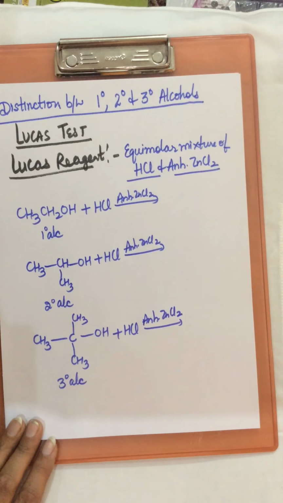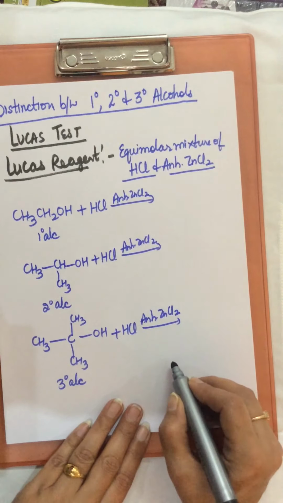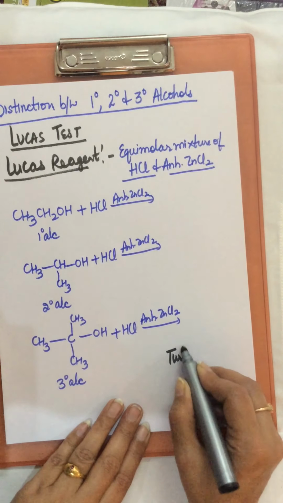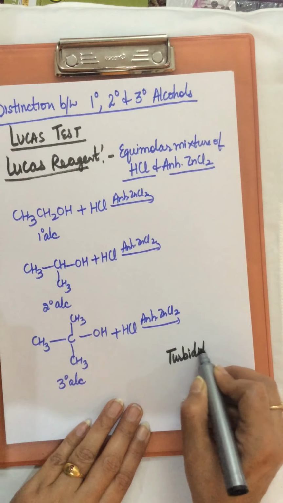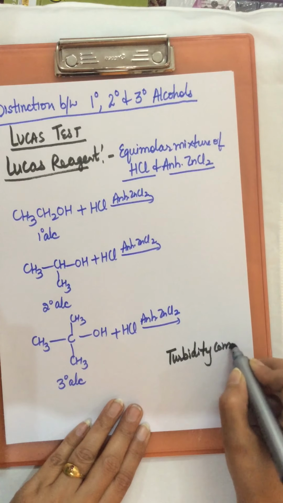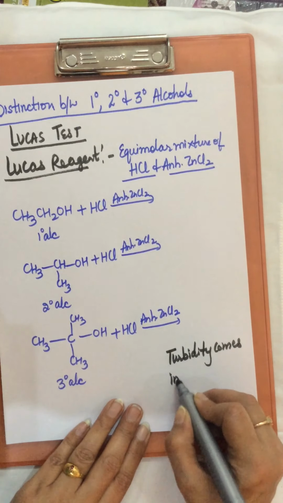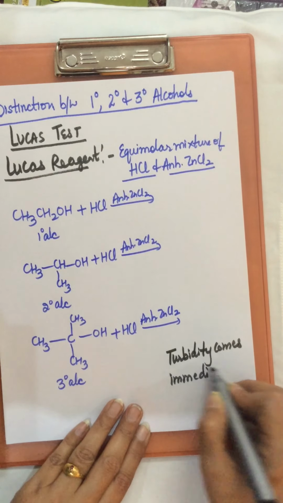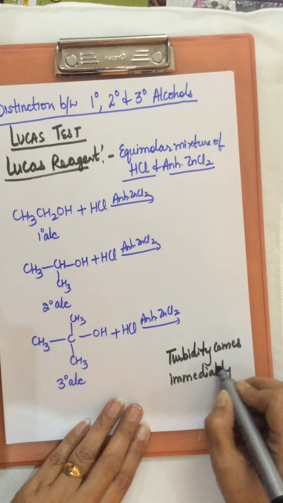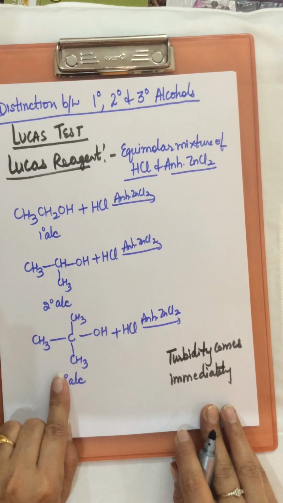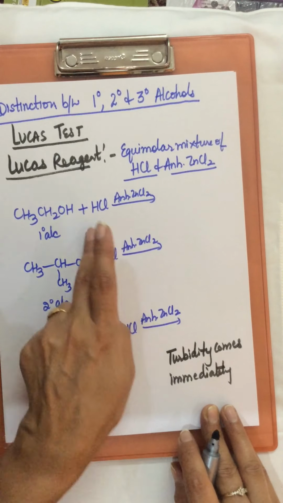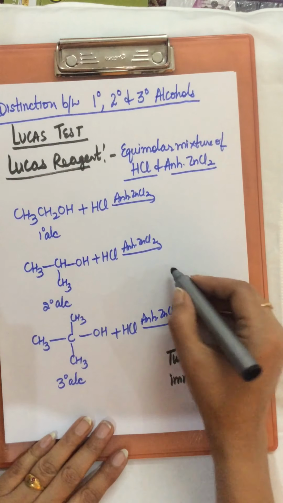So that sample in which, on adding Lucas reagent, we immediately get turbidity, milkiness, that sample is of tertiary alcohol. Turbidity means milkiness. The moment we add Lucas reagent, there will be milkiness. Now two samples are left. We wait for some time.